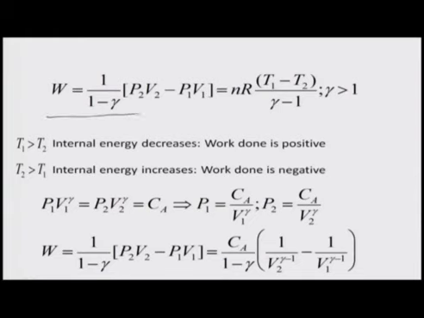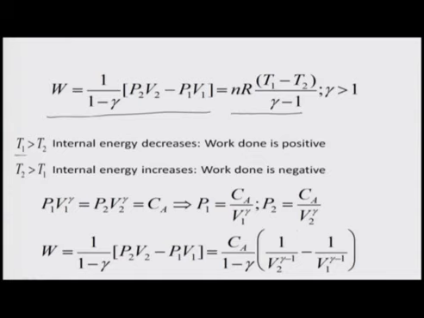Work done is of this form, which is nR (T1 minus T2) by (gamma minus 1). T2 is your final temperature, T1 is your initial temperature. That is how we have fixed our notation.